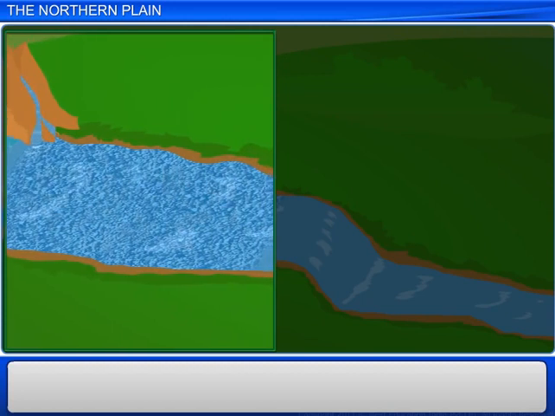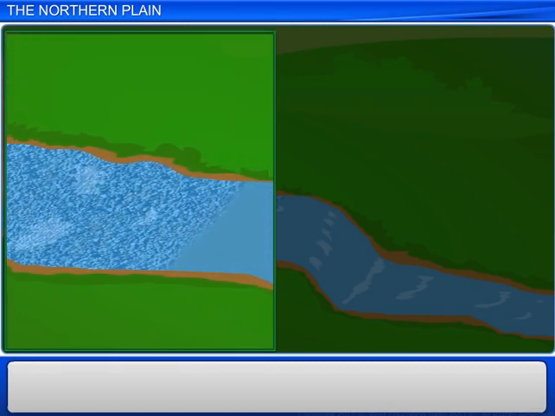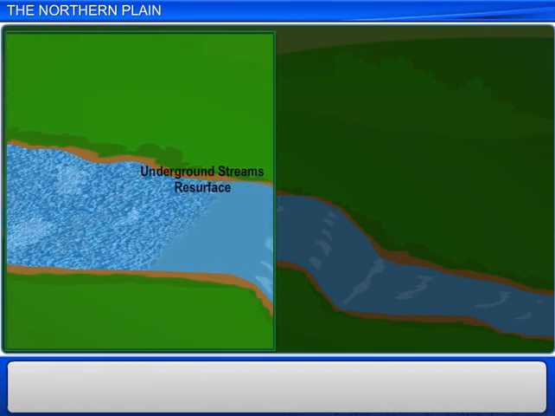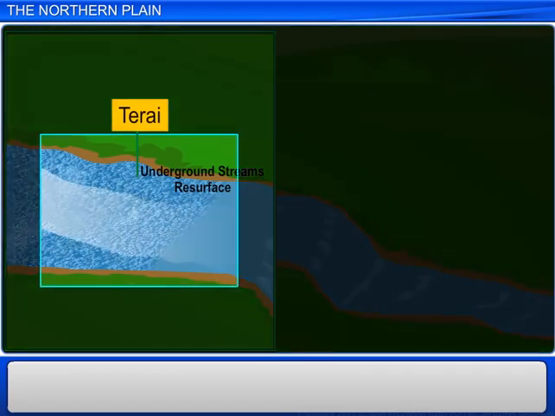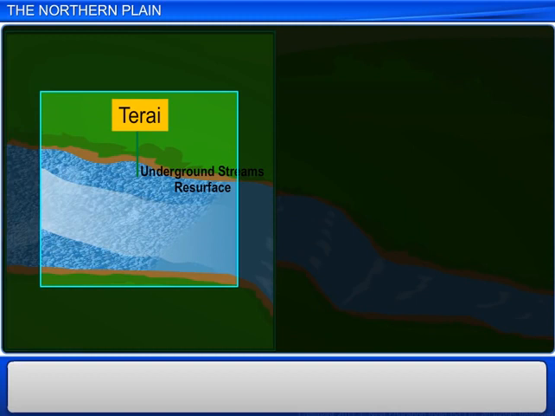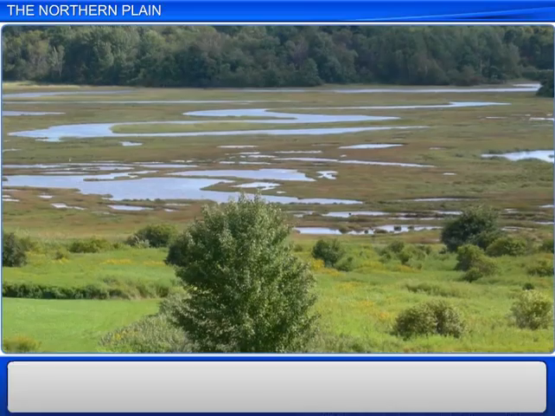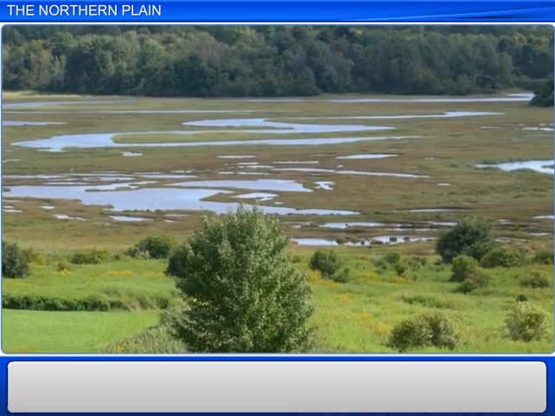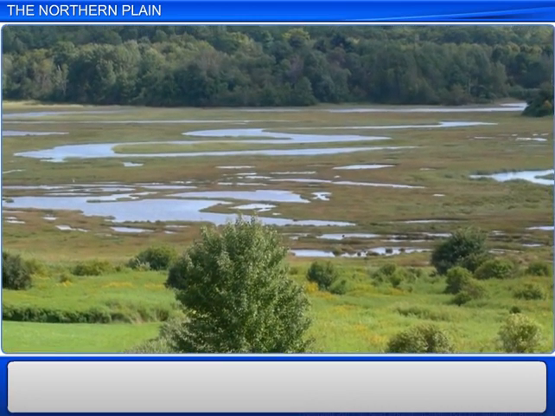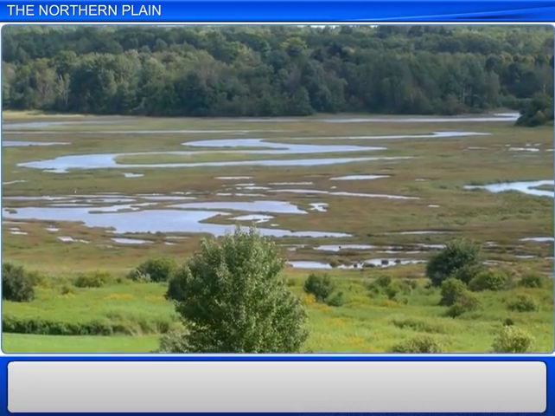Moving south of the Bhabar belt, you come to the next region, Terai. All rivers and streams that disappear in the Bhabar belt resurface in this region. The Terai region consists of wet, swampy and marshy land.